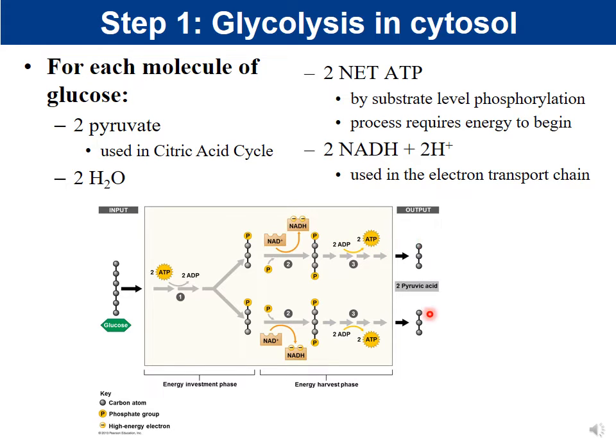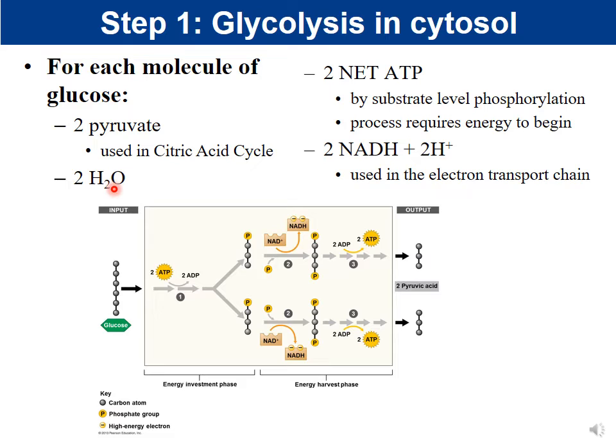Our other important products are 2 pyruvic acids, or pyruvates. Those names are used interchangeably. So we end up with 2 3-carbon sugars, and the pyruvate is going to go into the citric acid cycle, meaning that the sugar is going to continue to be broken down little by little.